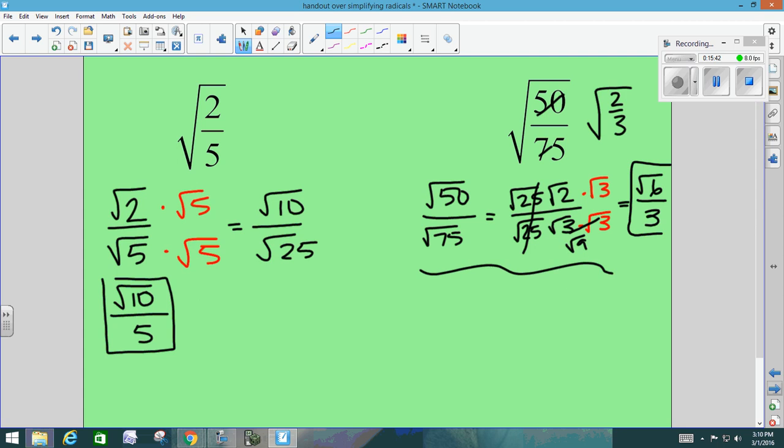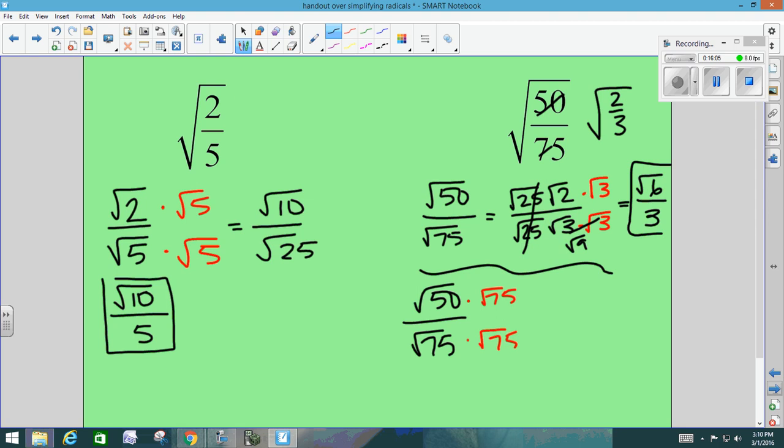Did any of you start it this way? Did you rationalize by 75? None of you did that? Couldn't we do it that way? You can. You're going to get a giant number up here and that you'll break down later on. But this way would also work too.